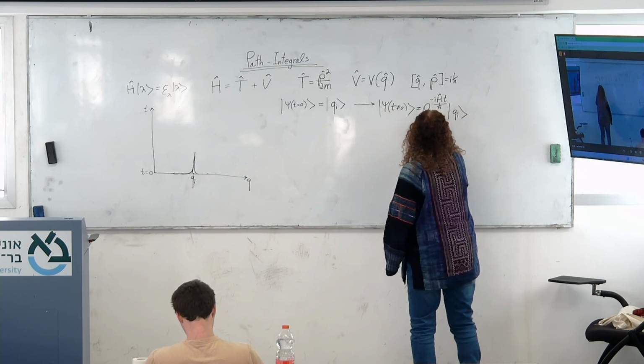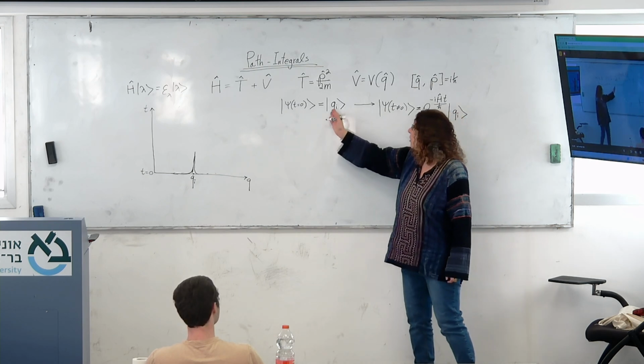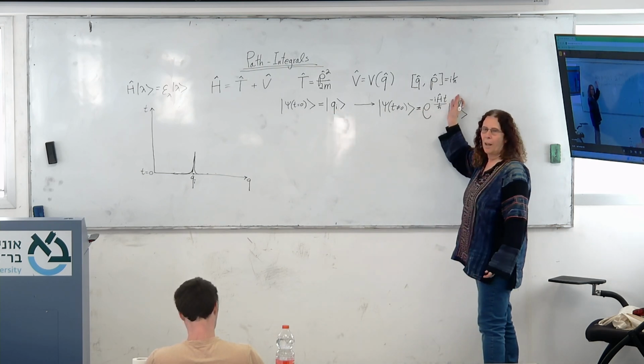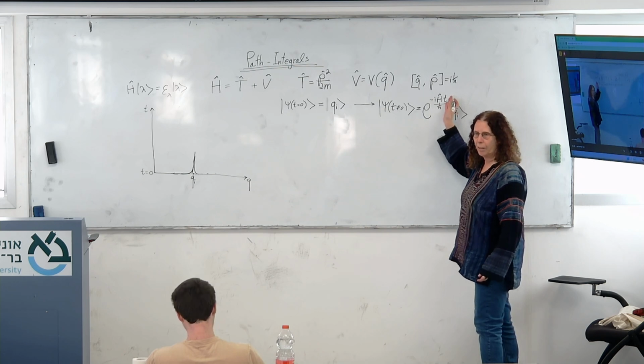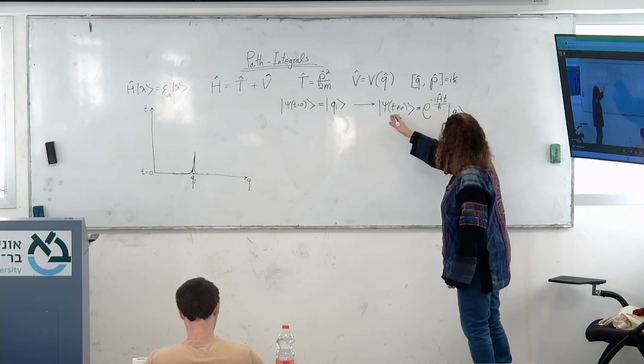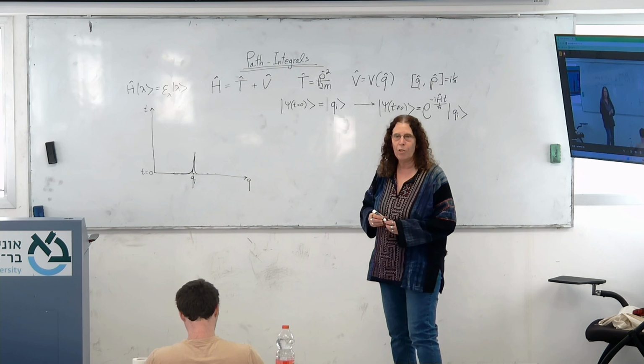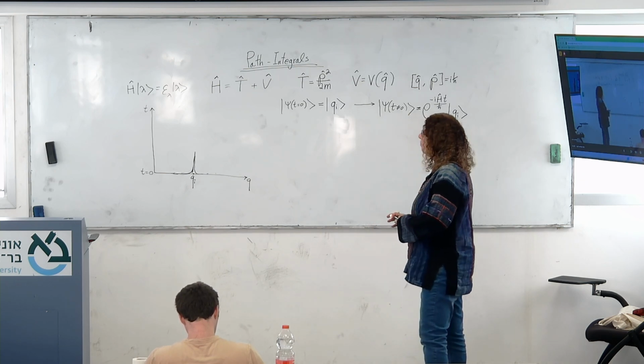Okay, so in other words, we take the initial state and we apply the time evolution operator, right? And this will give us a solution of the time-dependent Schrödinger equation, psi of t.